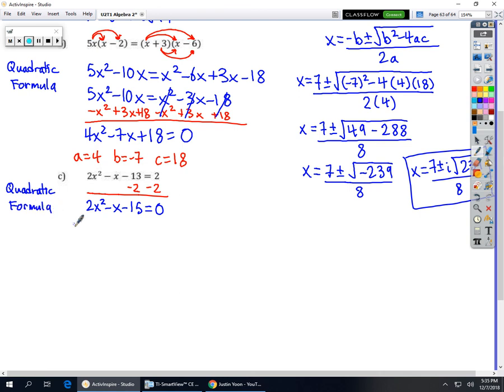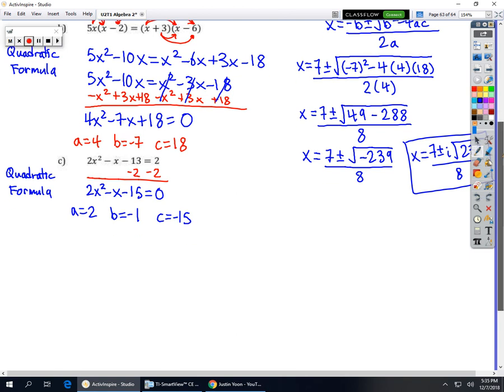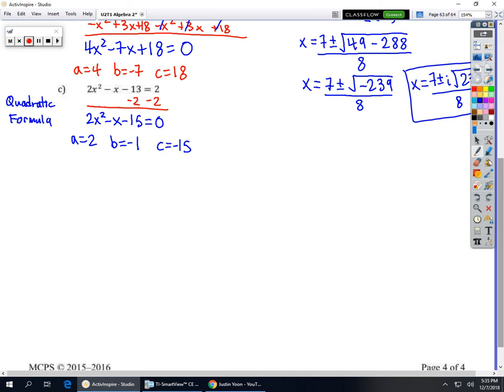In this case, my a is 2. B is, there's no number in front of the x, but there's a negative, so that should be negative 1. No number means there's a 1 in front. C equals negative 15. So, time to put this all into our horrible formula with a's, b's, and c's in it. Okay, got a lot more space down here.